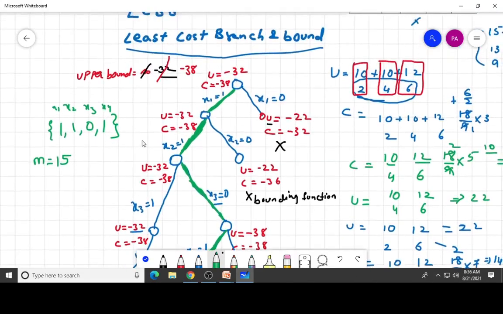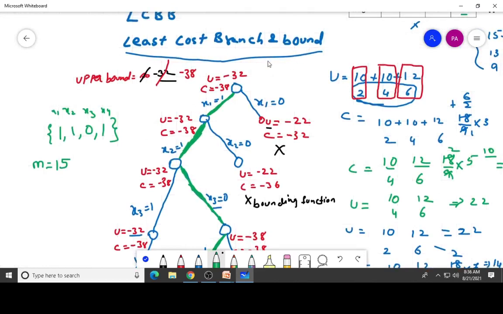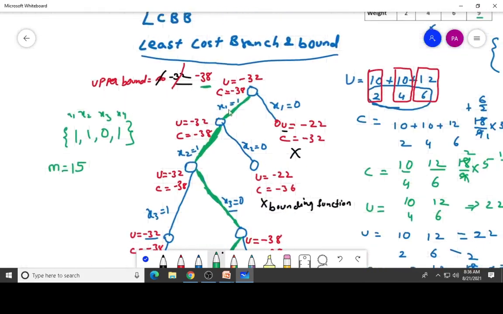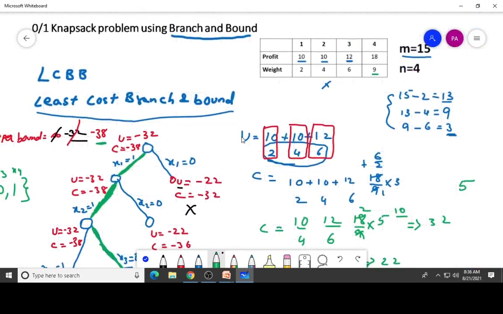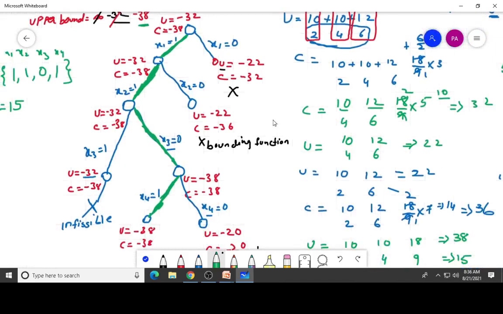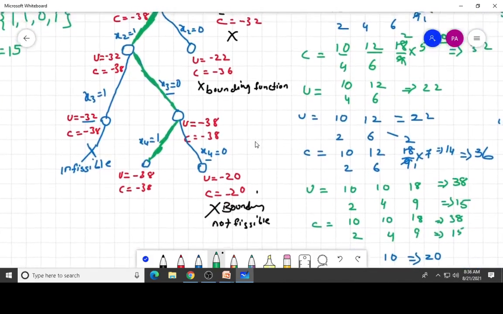We used the least cost branch and bound technique, and we converted the maximization problem to a minimization problem. This is a textbook example, so you can check the items 1, 2, 3, 4; we solved one by one and we got the answer here.